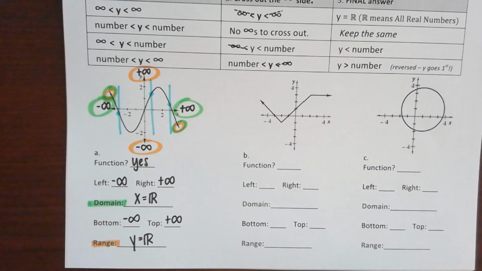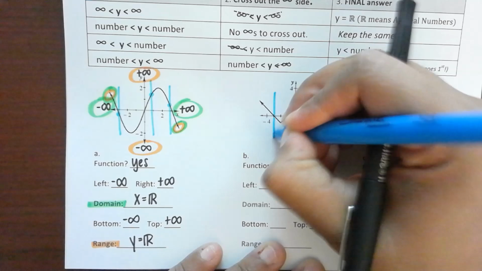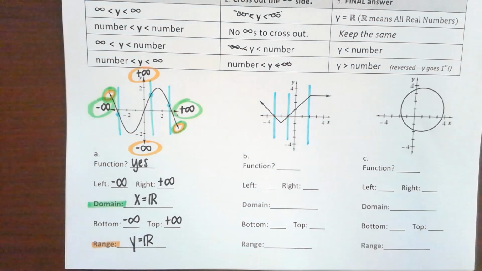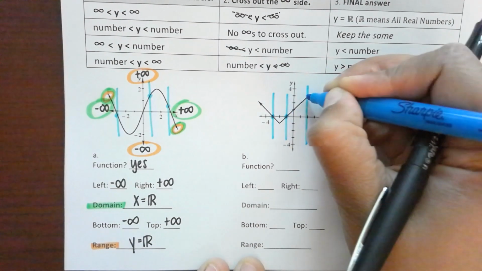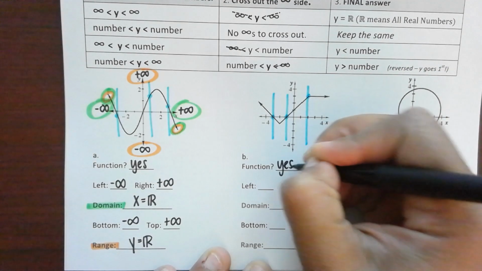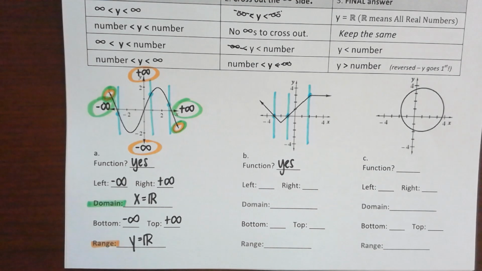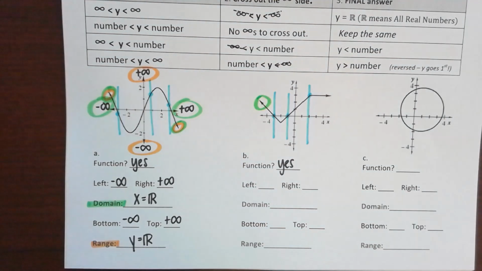Looking at letter B. Is this a function? Because it does what? So if I were to draw a random amount of vertical lines, how many times does my graph hit it? Once, making it a function. Leftmost point. There's an arrow, yes? Going towards where?